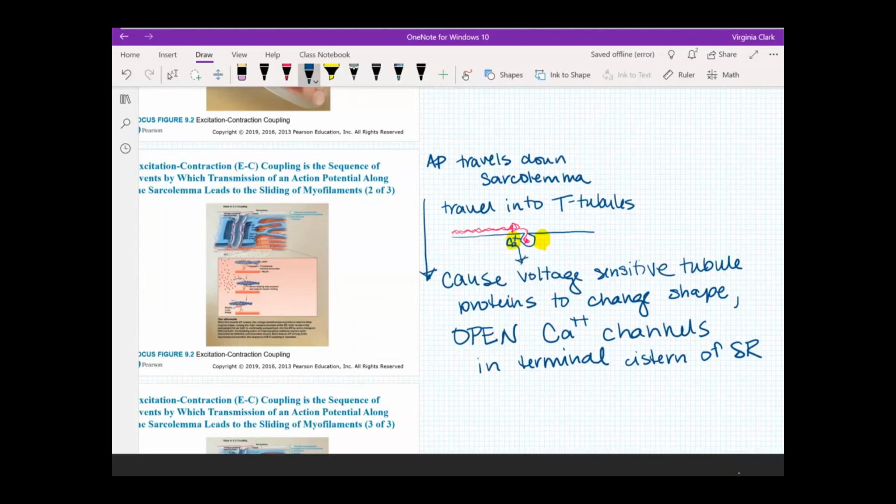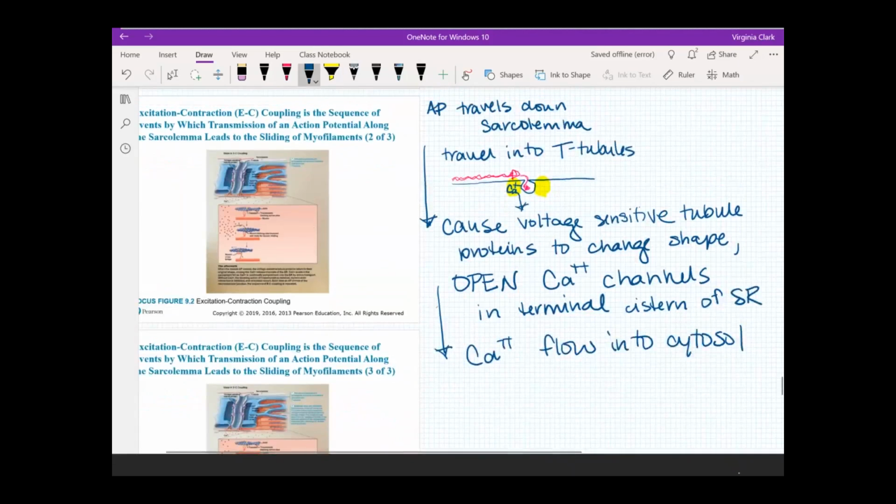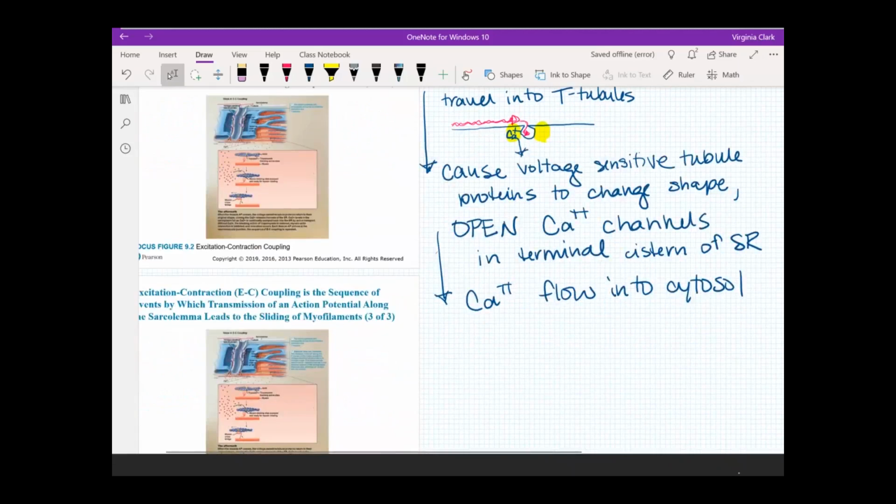And when that happens, calcium will flow into the cytosol, the cytoplasm, or sarcoplasm. Now we are inside and we have free calcium floating around. Now we're going to go uber detailed.